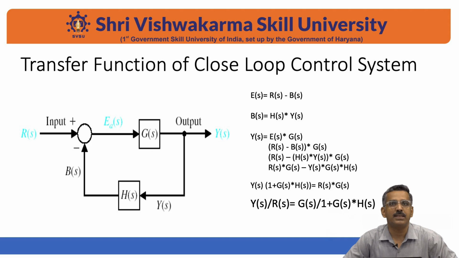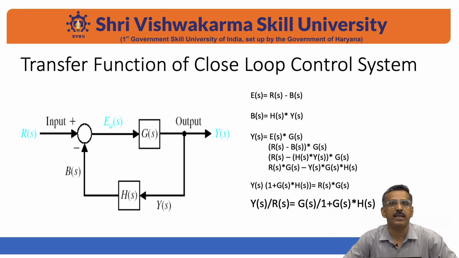Now, let us discuss the transfer function of closed loop control system. In the case of closed loop control system, we have three major items to be used. The first one is the error detector as shown in this diagram, the system itself which is the G(s), and a feedback process which is represented as H(s).